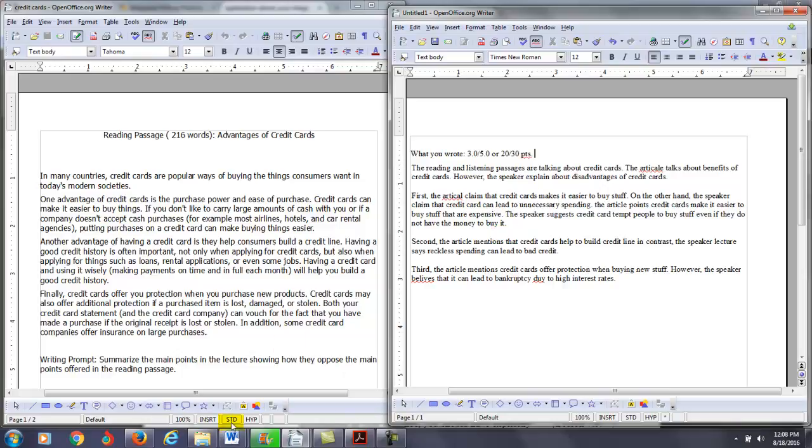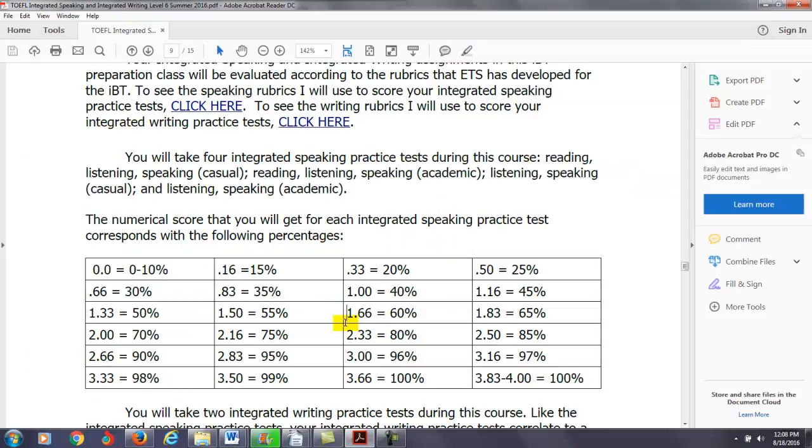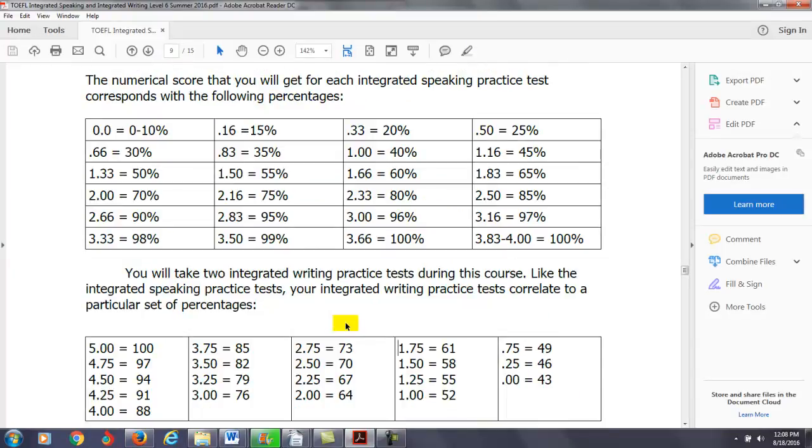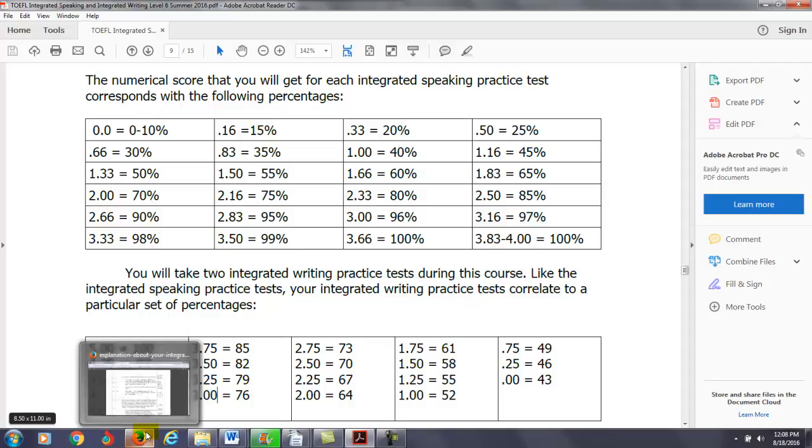Now the question also is, what is your grade on this practice test? So here we go. So you look at the writing rubrics here. If you go to the syllabus, you see this? I'm at page 9 in the syllabus. So you scored 3.0. This is going to put you at about 76% on this writing project.